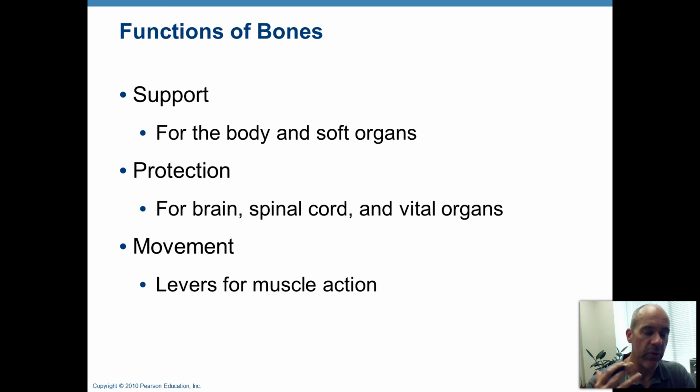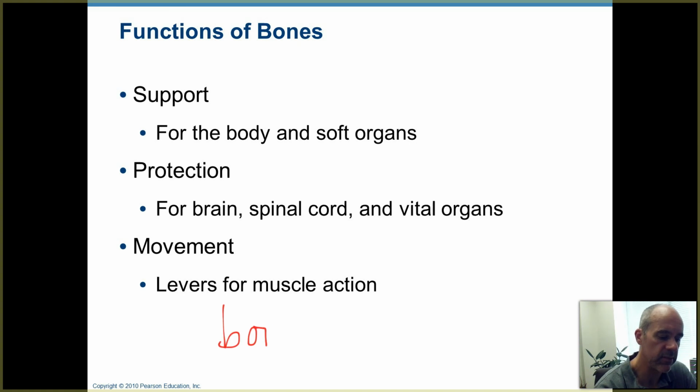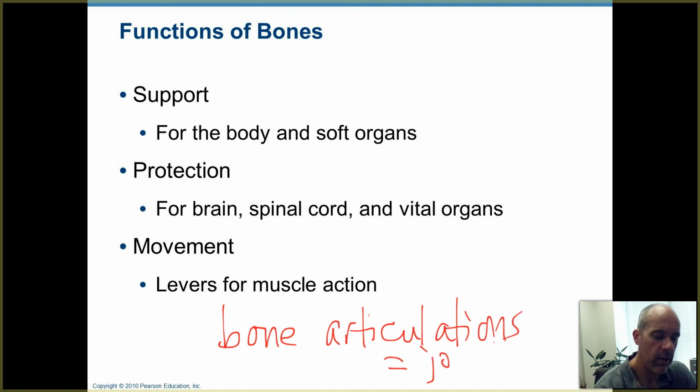So where your bones come together or articulate, where they make contact with each other or come very close to making contact with each other, those are your joints.